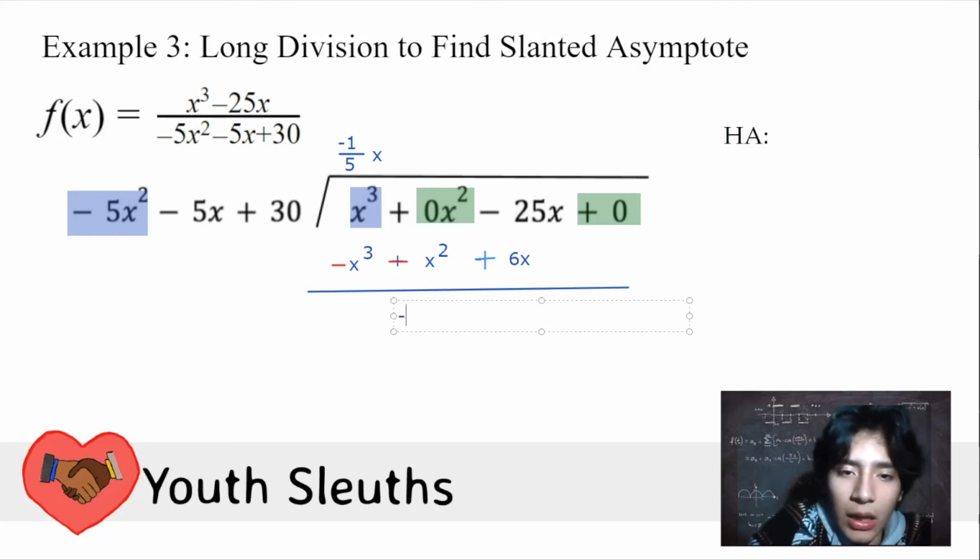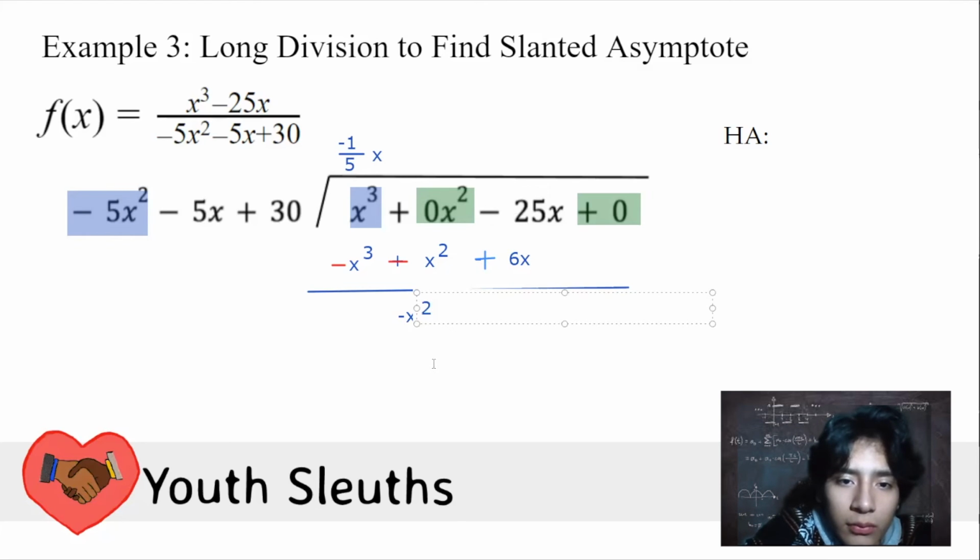And we get negative x squared, and then we get negative 25x plus 6x, which is negative 19x.